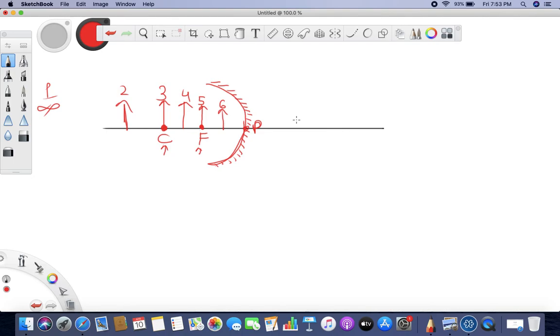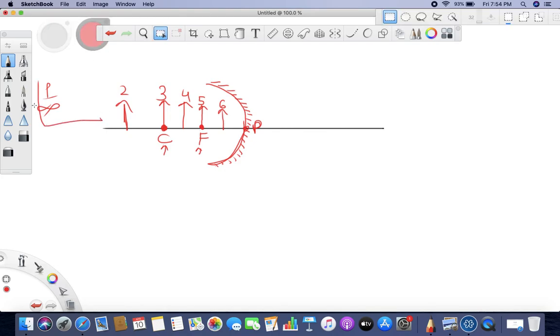Now you must be wondering, if you put it at 6 different places, will you get the same image? Now that's the twist. And that is what we are going to learn, that if you put your object at different places, how is an image formed at different places?